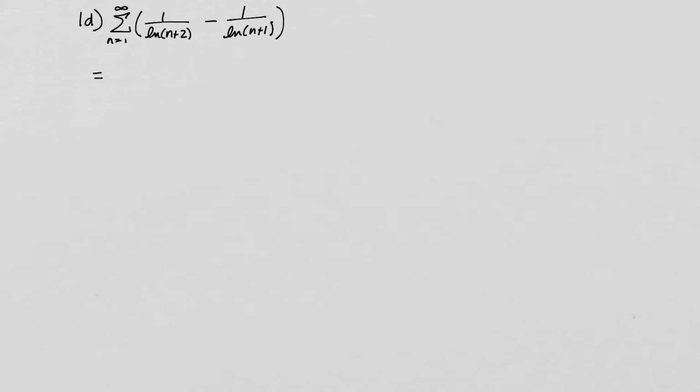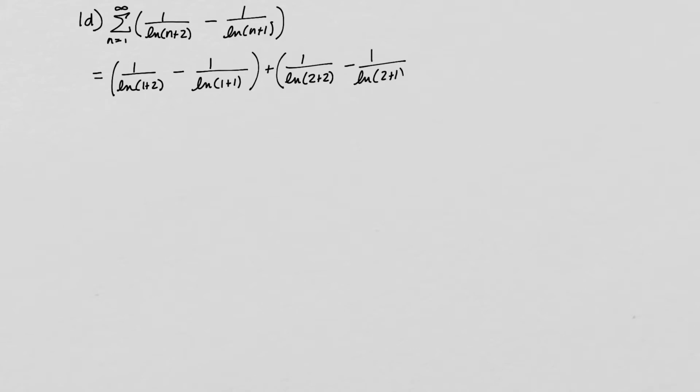So if I plugged in n equals 1, I would have 1 over the natural log of 1 plus 2 minus 1 over the natural log of 1 plus 1. Then if I plugged in n equals 2, I would have 1 over the natural log of 2 plus 2 minus 1 over the natural log of 2 plus 1.